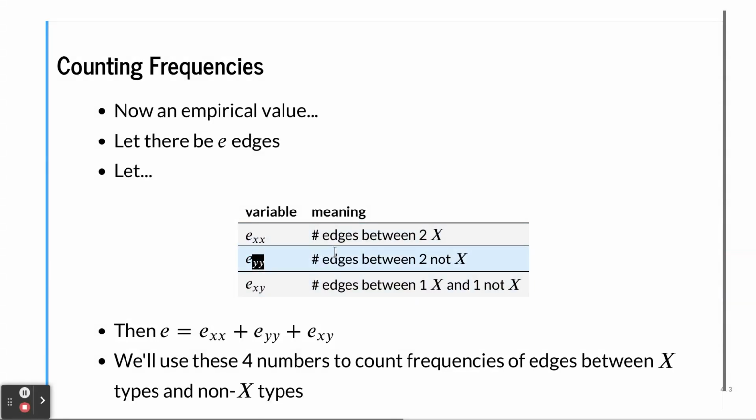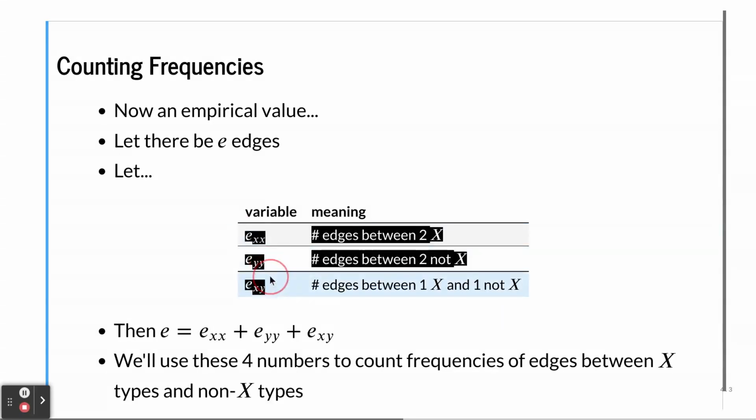E sub yy would be the total number of edges between two nodes that do not have property x, and E sub xy would be the total number of edges formed between a node that does have property x and a node that does not have the property.